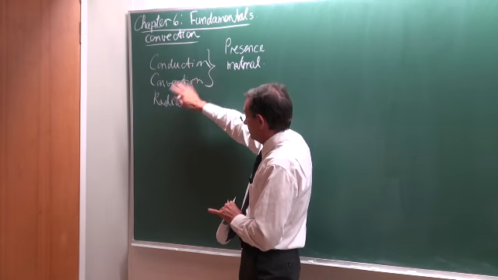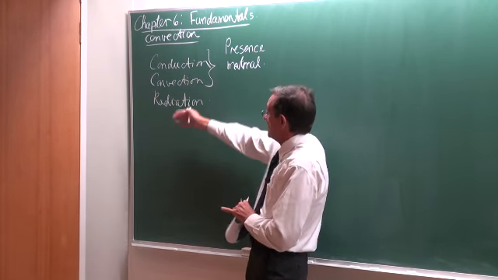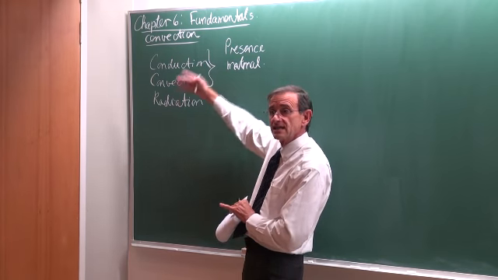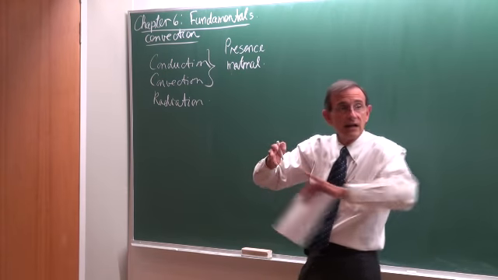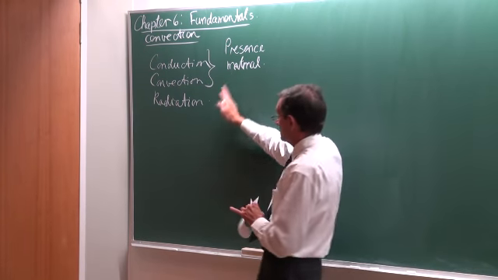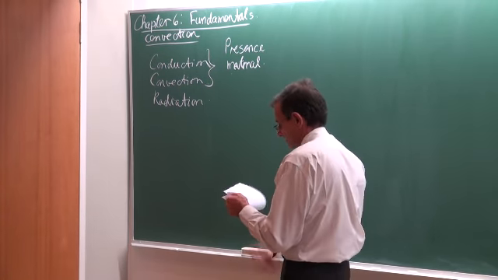And I'm going to show it to you just now. Radiation is different because it doesn't need a medium. It can radiate right through a vacuum. So that is what is different about radiation heat transfer.